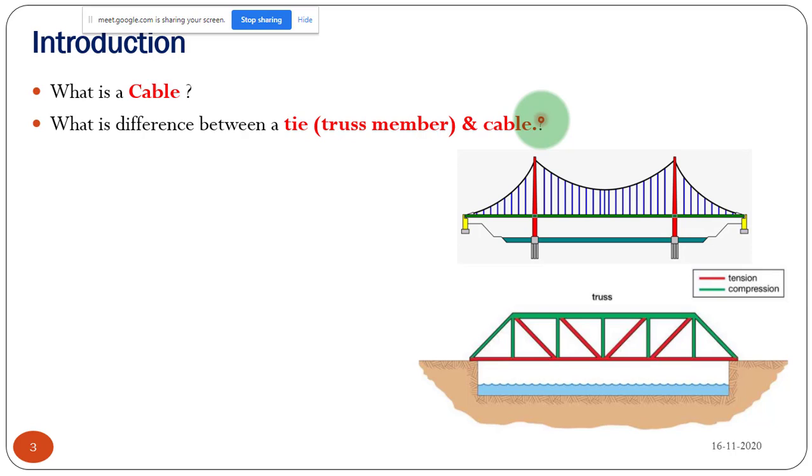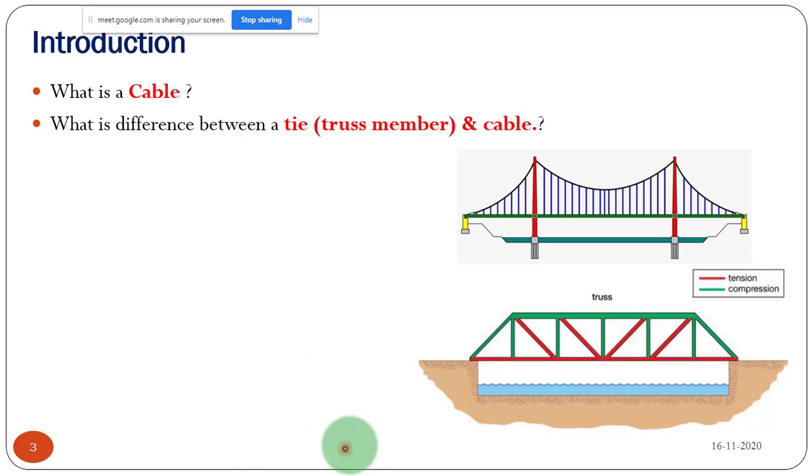The tie is a member connecting the tension members in a truss. But cable, yeah. Fine. I will show you some photographs later on.